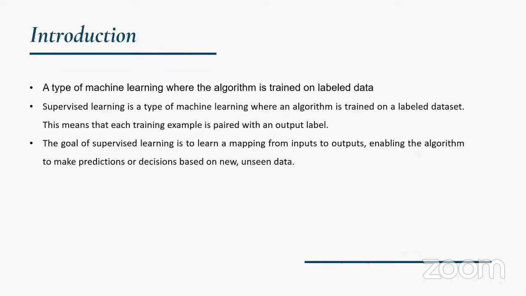So, what is supervised? In machine learning, we have three major concepts. One is supervised, the other is unsupervised, and the third is reinforcement. In some books, it is even told as semi-supervised learning also: supervised, semi-supervised, unsupervised, and reinforcement. So, what is supervised learning?